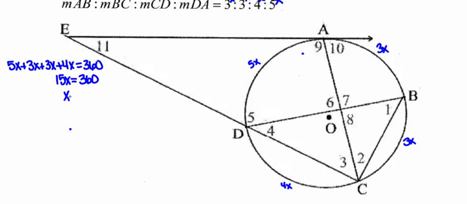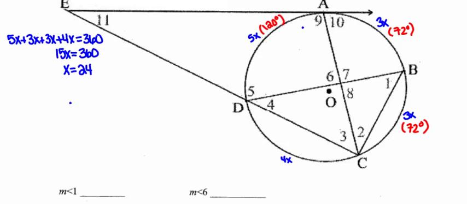And that makes the value of x 24. So this arc from D to A would be 5 times 24, or 120 degrees. The arc from A to B is 3 times 24, or 72 degrees. This arc is the same, 72 degrees. And the last arc is going to be 96 degrees.